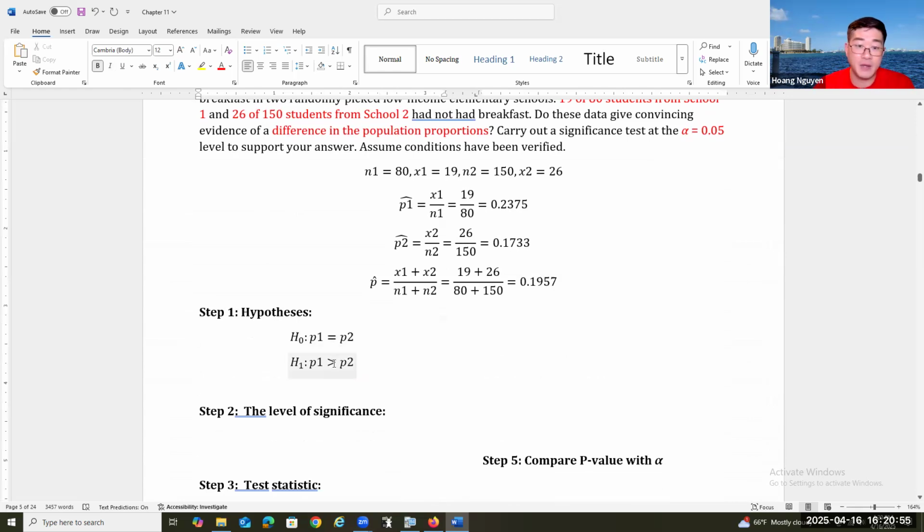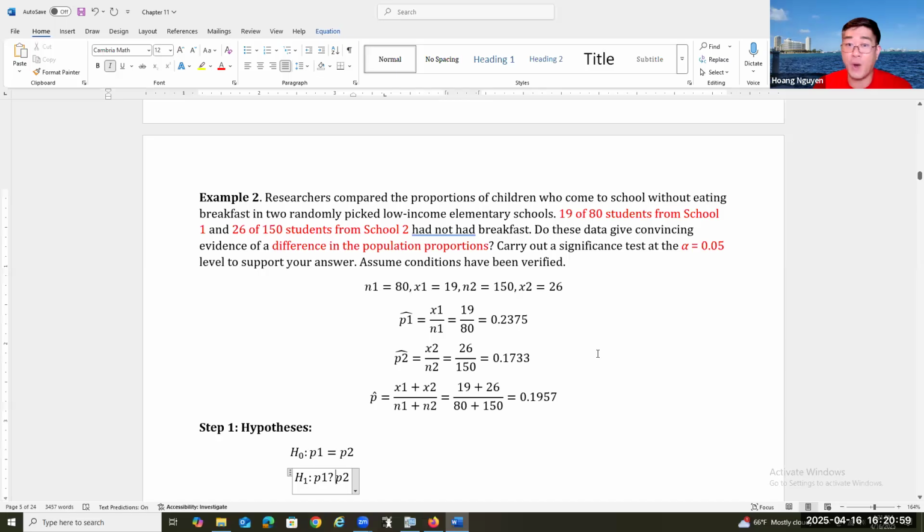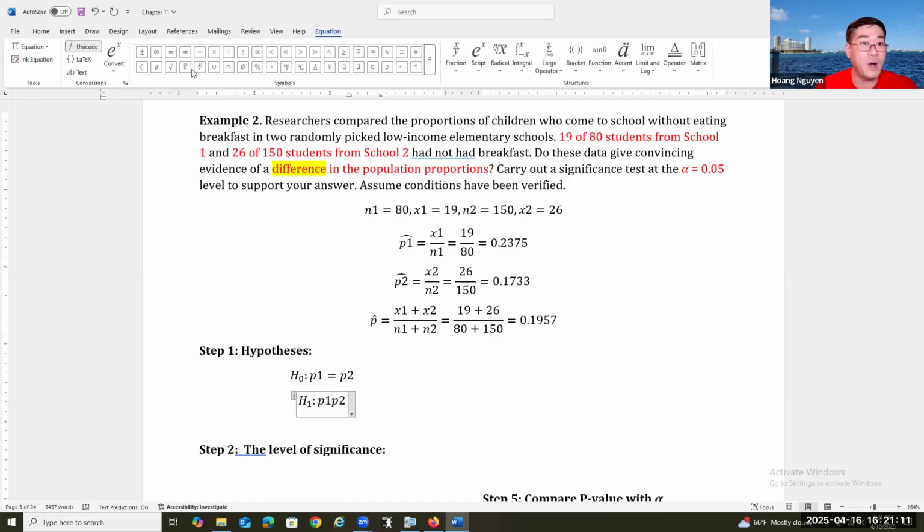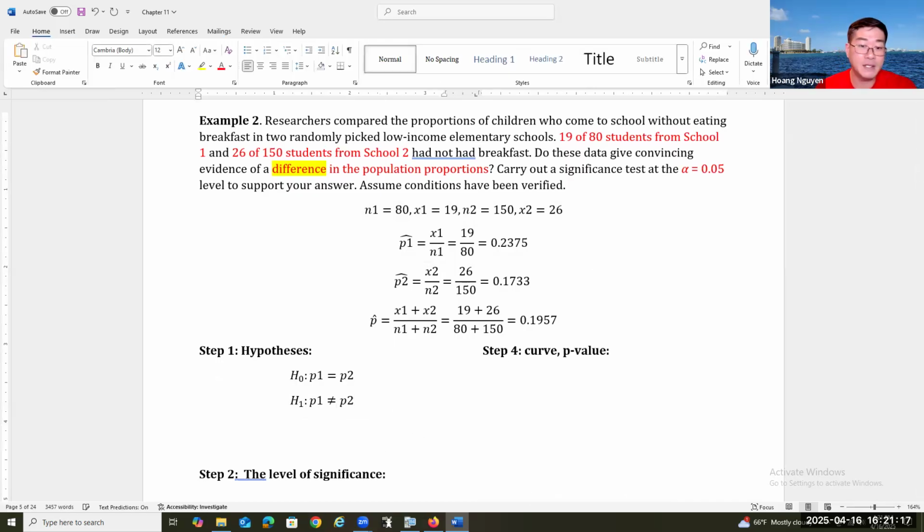How about the alternative hypothesis? Based on the claim for this question, what should be the inequality that we use for the alternative hypothesis? For this hypothesis, we want to test if there is a difference, right? So we're gonna use not equal to determine if there is a difference between those two population proportions. So p1 not equal p2. For this hypothesis test, we have equal versus not equal, right?